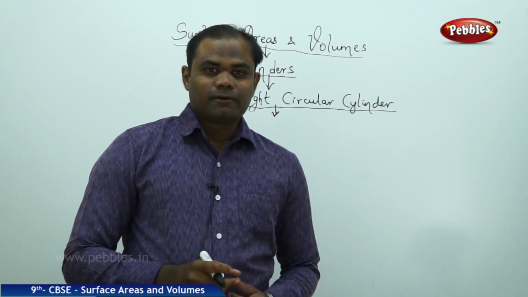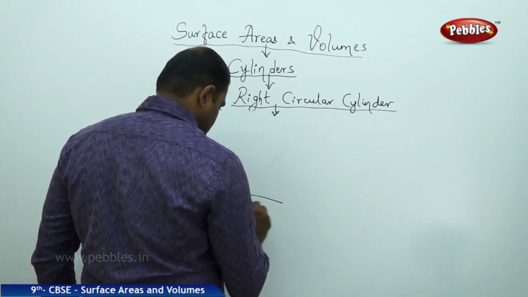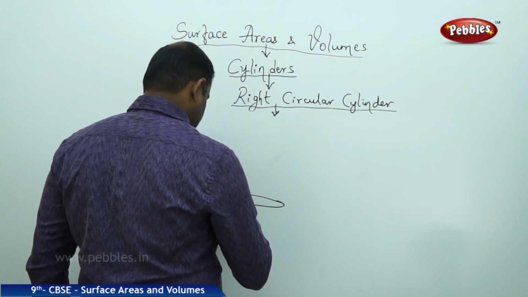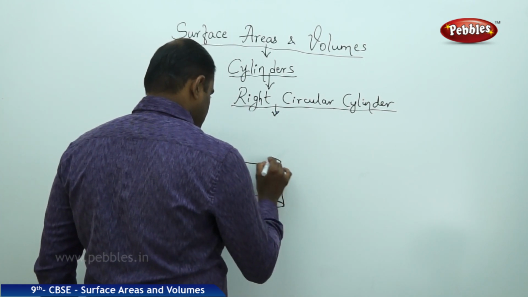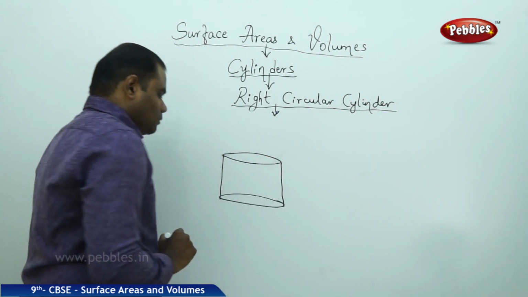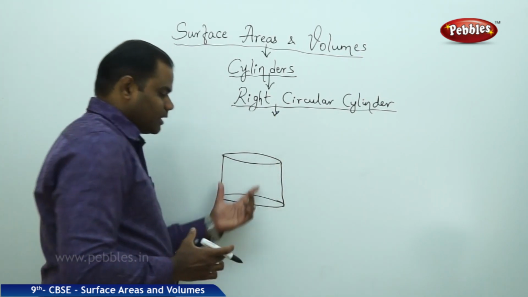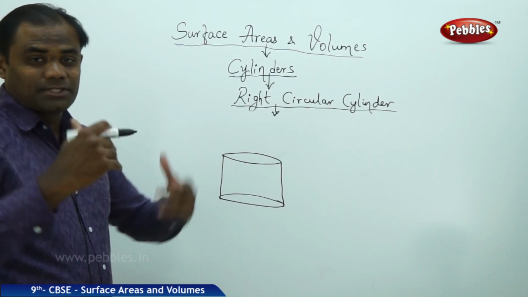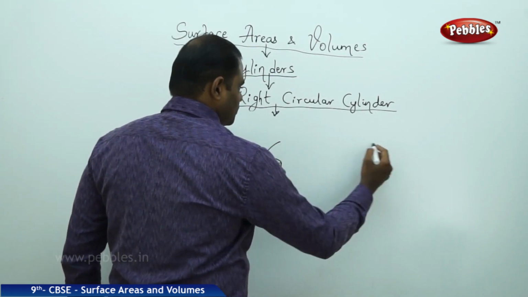cylinder. For example, I take a shape which looks like a cylinder, but actually this solid is formed by constructing a different object which is in the shape of this.